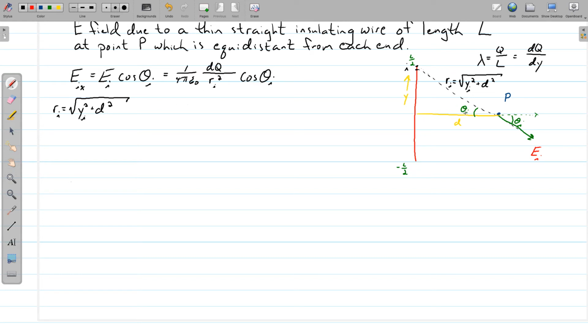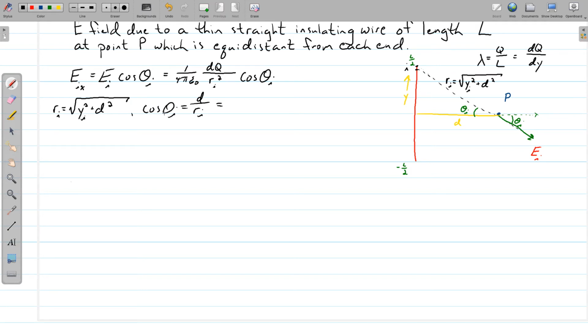Looking over here at my picture, cosine theta equals, thinking SOHCAHTOA, the adjacent side, which is d, over the hypotenuse, which is r sub i. So it's d over r sub i. But r sub i I can write with y in it.